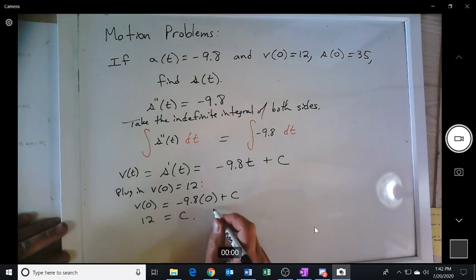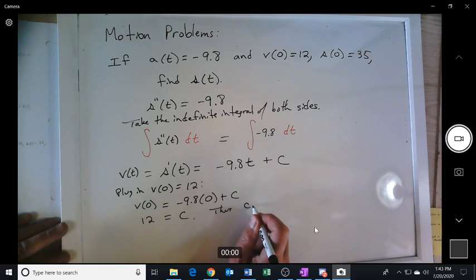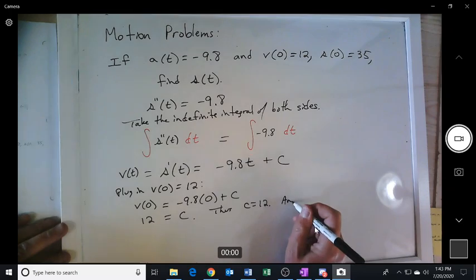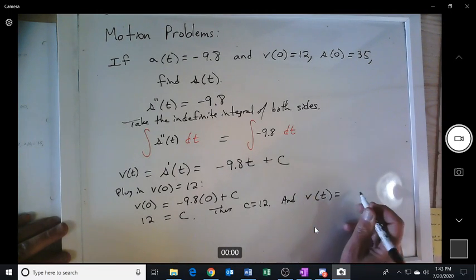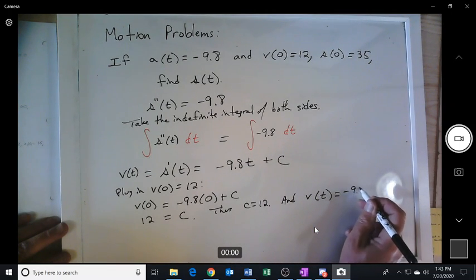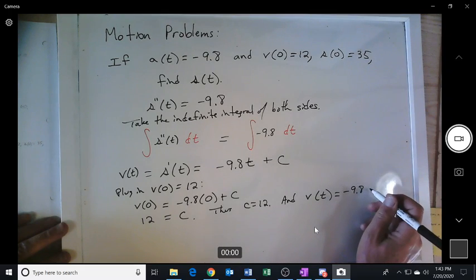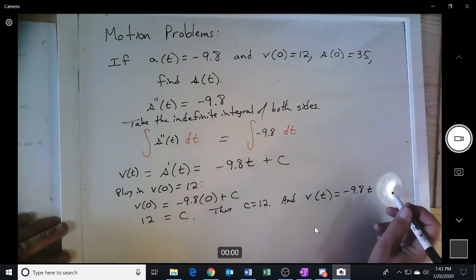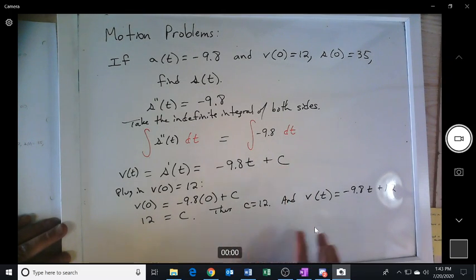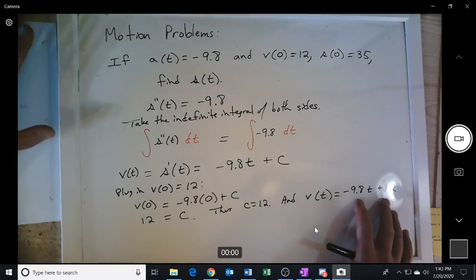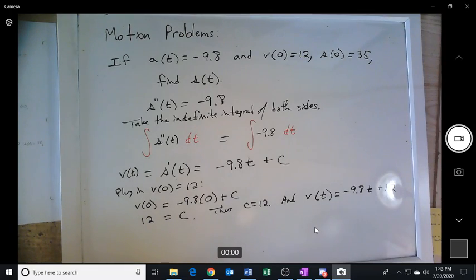Thus c is 12. And we can go back now and write v of t as a single solution instead of an infinite family of solutions. So we went backwards and recovered the velocity.